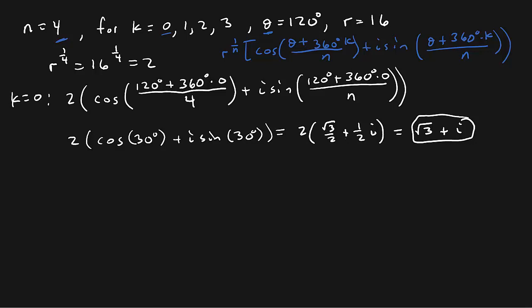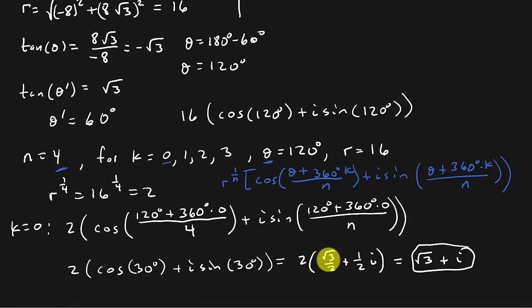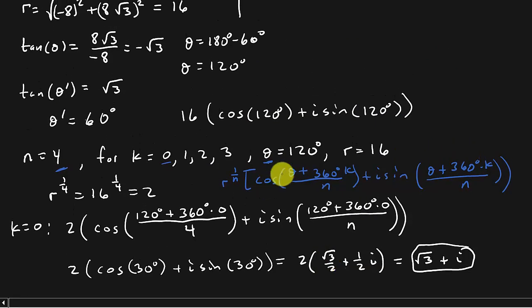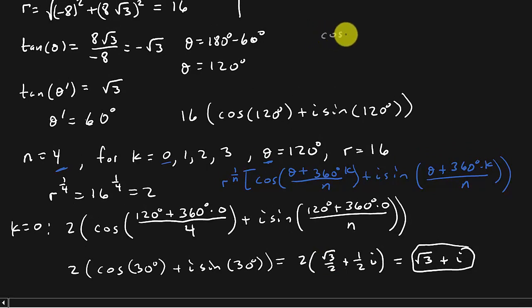Now, let me explain some more stuff. Now, you understand that this right here is written out. If you watch the video right before this one, you'll remember that if you have cosine theta plus i sine theta, you got your complex number.